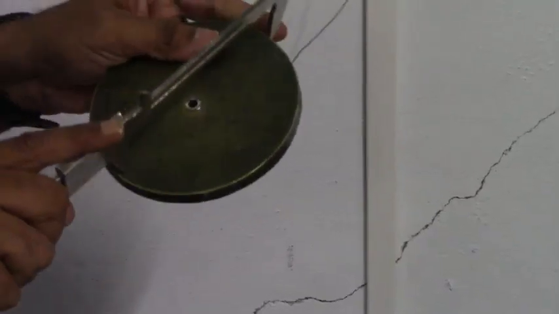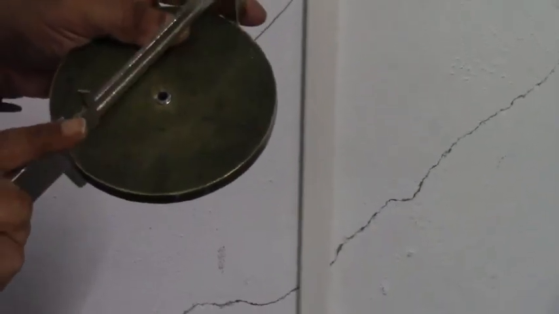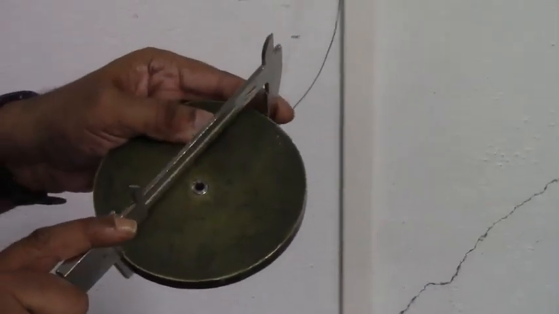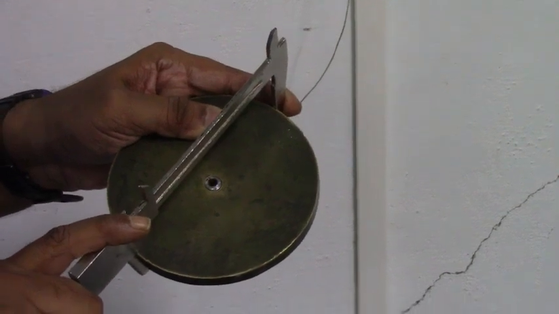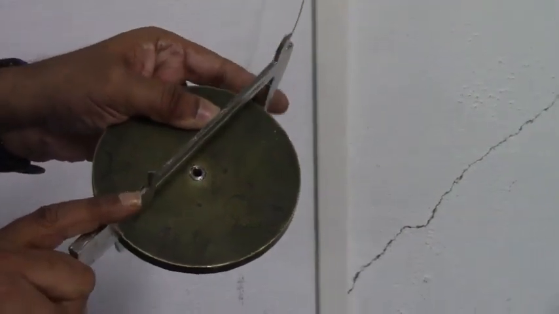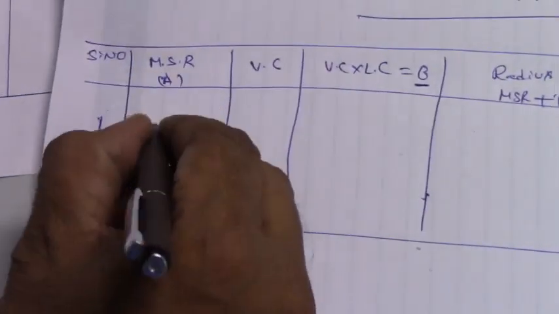Place these two jaws here like this. Insert this brass disc in between the two jaws along the diameter. Now if you clearly observe the tabular form, we have MSR. What is MSR, students?